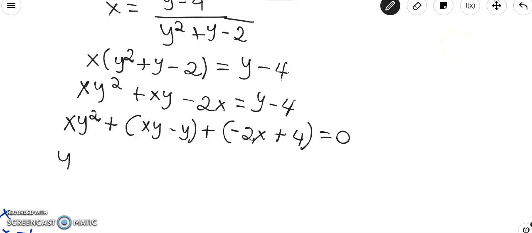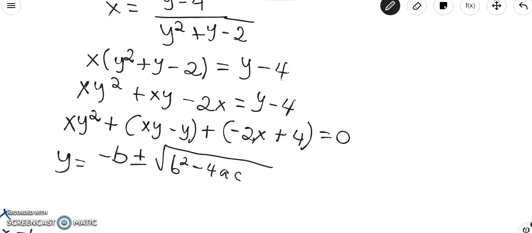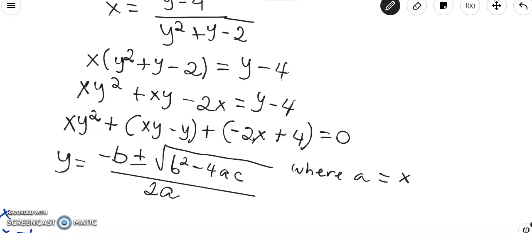So, ang quadratic formula ay negative b plus or minus square root of b square minus 4ac all over 2a, where a is equal to x. So, kung ano yung katabi ng y square, yun ang a natin.